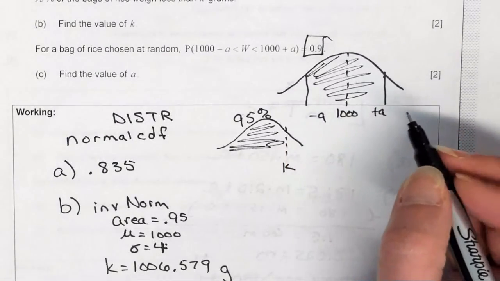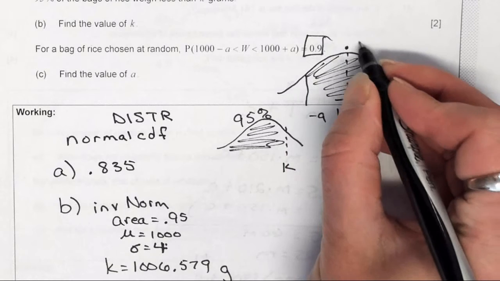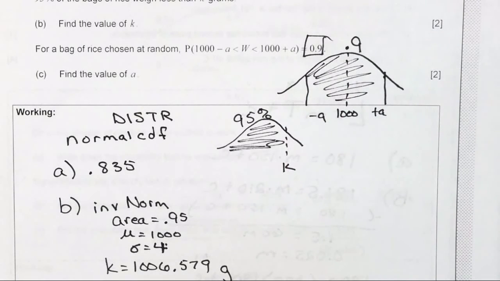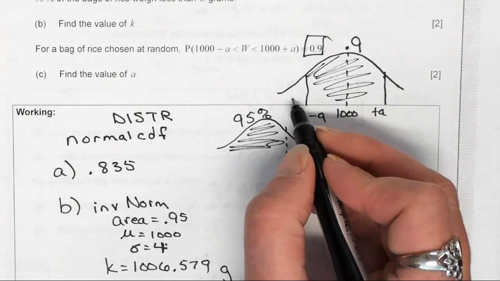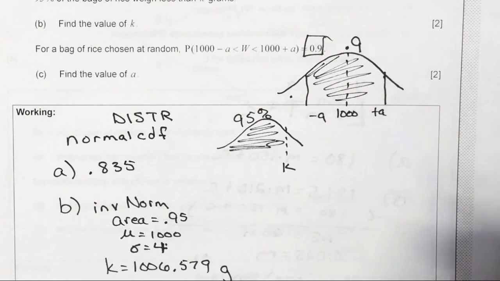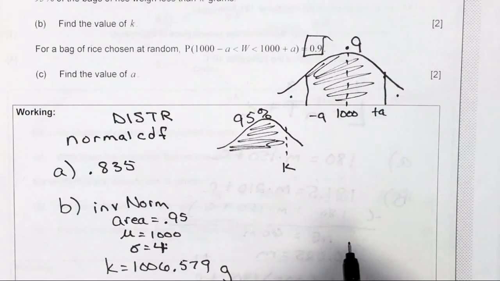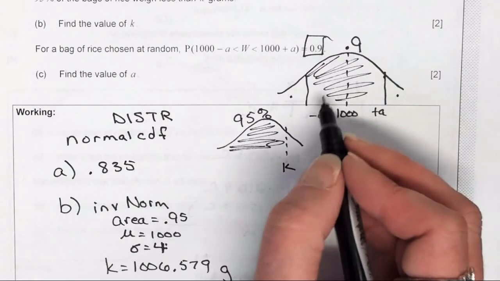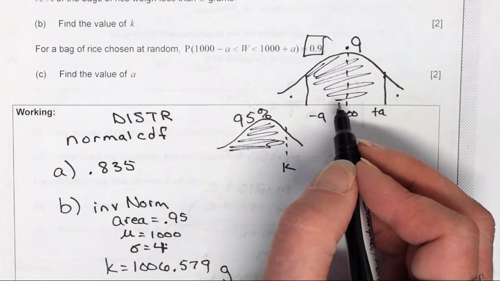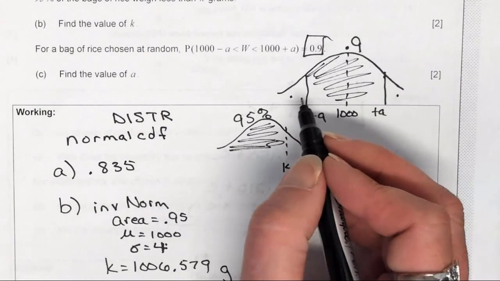they're saying is 0.9. How much would be below in this spot? And how much would be above the shaded area in that spot? If this is 0.9, or 90% is in this area, wouldn't that leave 10% for each of these?